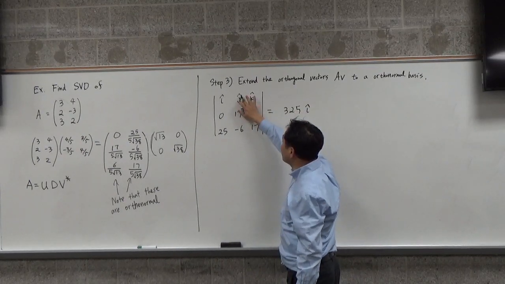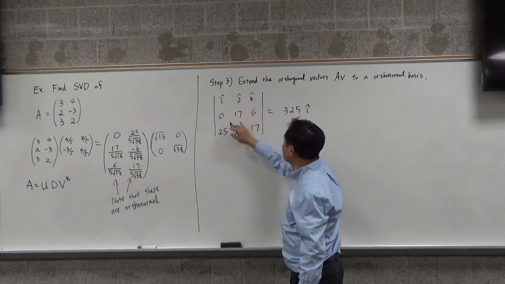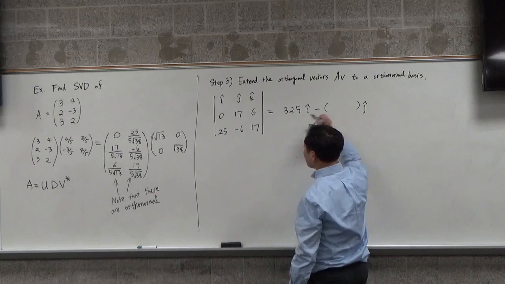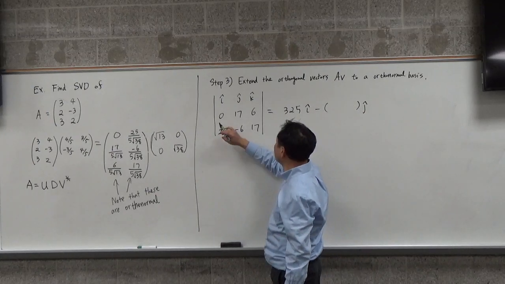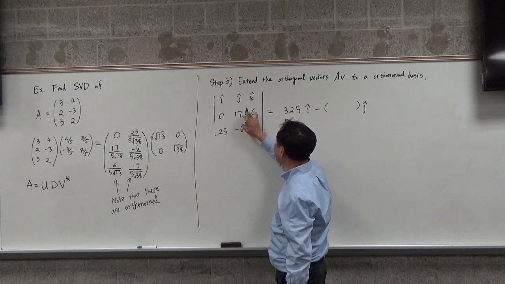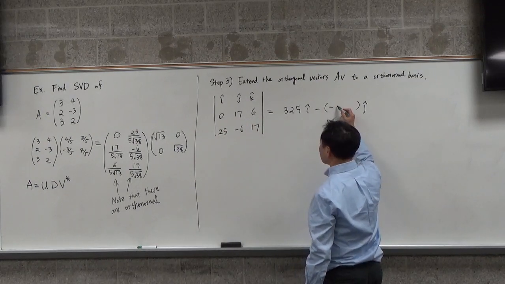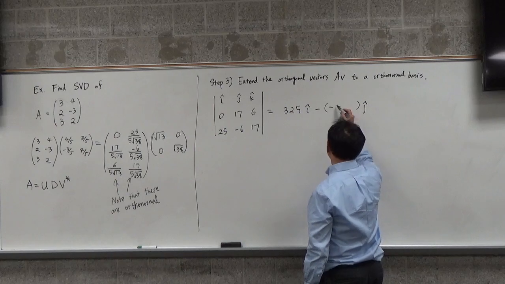Then for j, j requires the checkerboard of signs for the determinant, which requires a minus in front. And it's 0 times 17 minus 6 times 25, but there's a minus in front before, so 6 times 25 is 150.